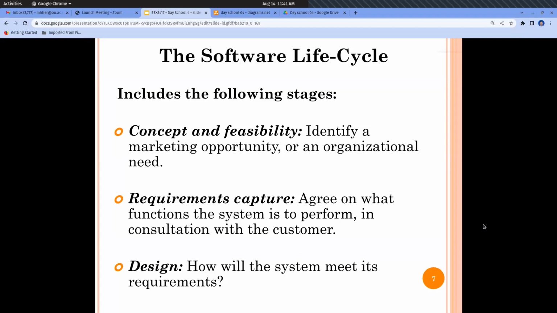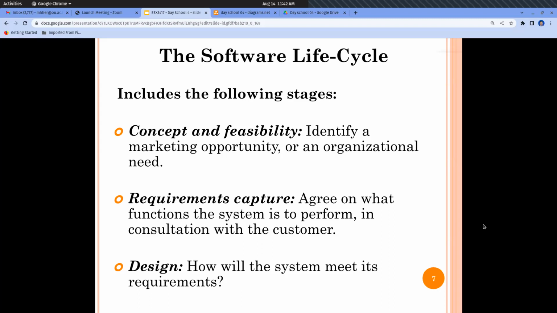Requirements capture. After the feasibility, the proposed system should have some functions, and we should get information about what the existing data and information are, and the requirements of the company.